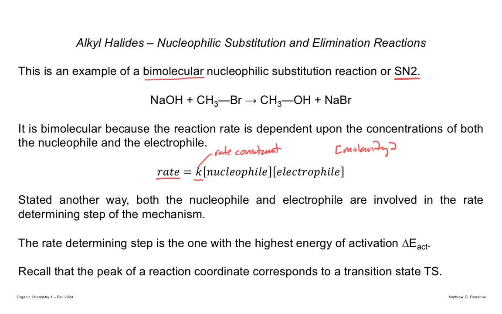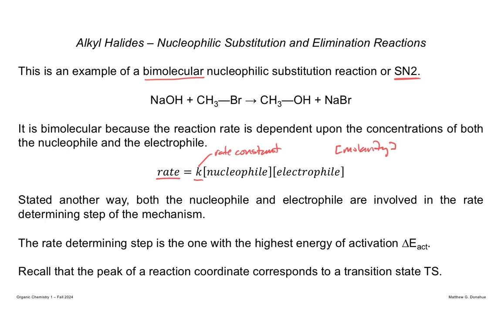So for any mechanism, there's always an RDS, or rate determining step. And that's best visualized with the reaction coordinate. If we're thinking about hiking on a hill, the highest hill of your trail is going to be the rate determining step to how you get to the finish line.